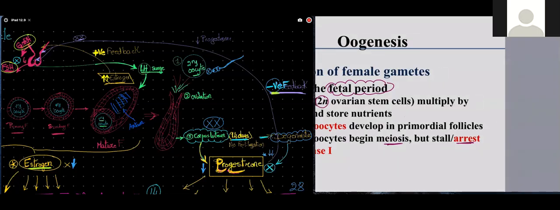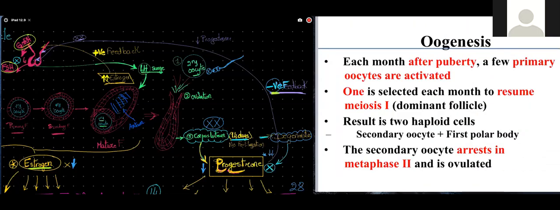Until when? Until puberty. Each month after puberty, a few of the primary oocytes will become activated, and one is selected each month to complete meiosis 1. The one located in the dominant follicle, the mature follicle.